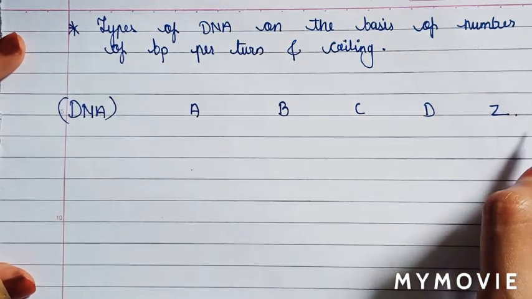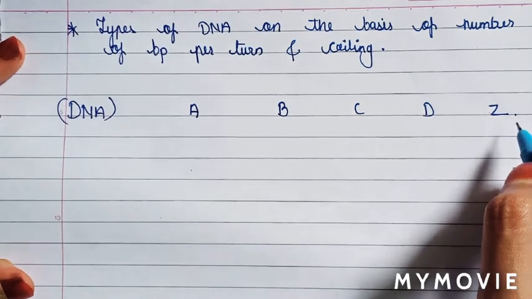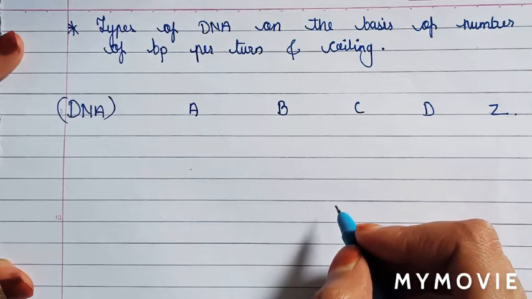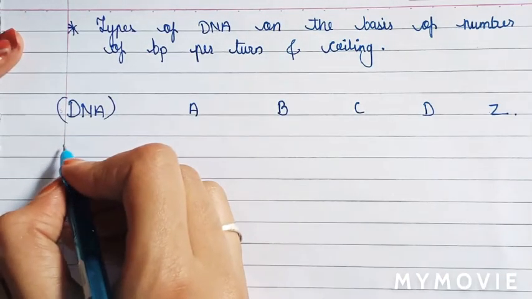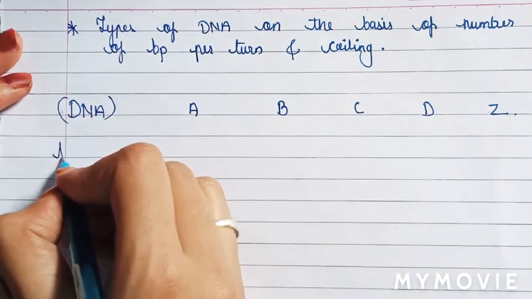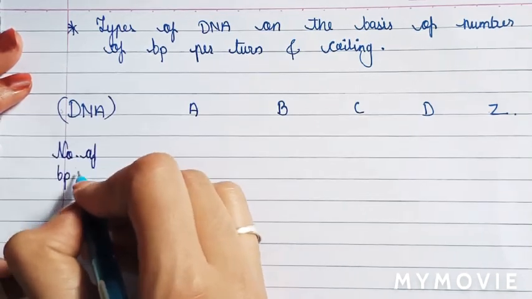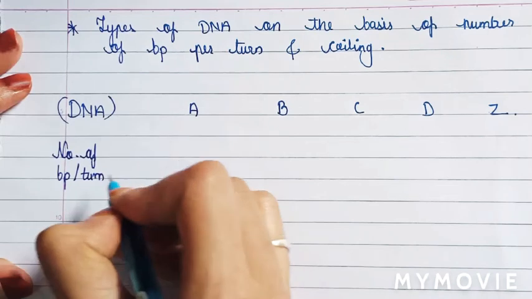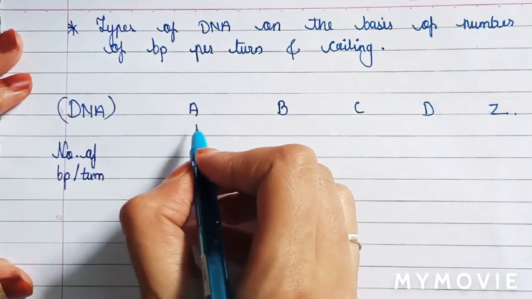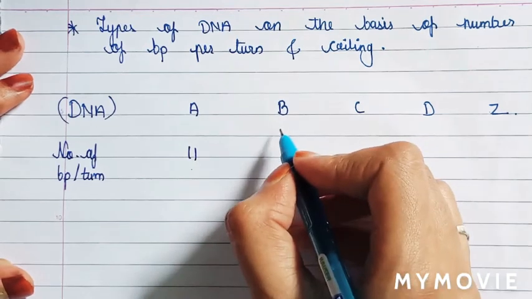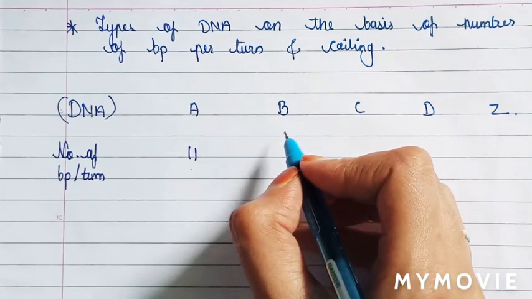Now, if we talk about number of base pair per turn, 1 turn of DNA completes a 360-degree angle. The number of base pairs in case of A DNA is 11, and B DNA is the DNA model given by Watson and Crick.